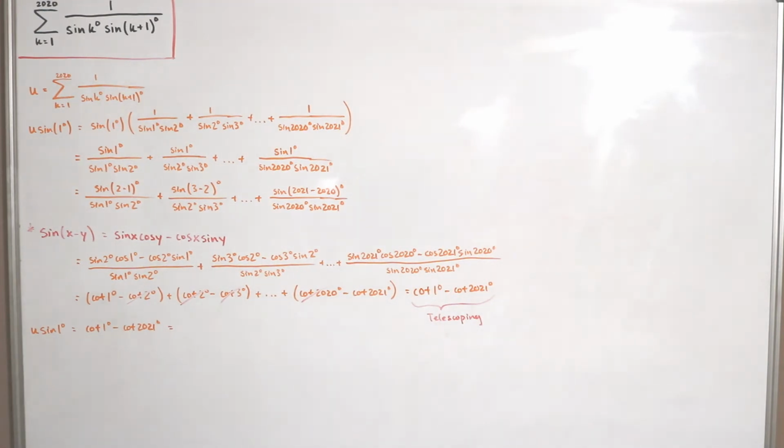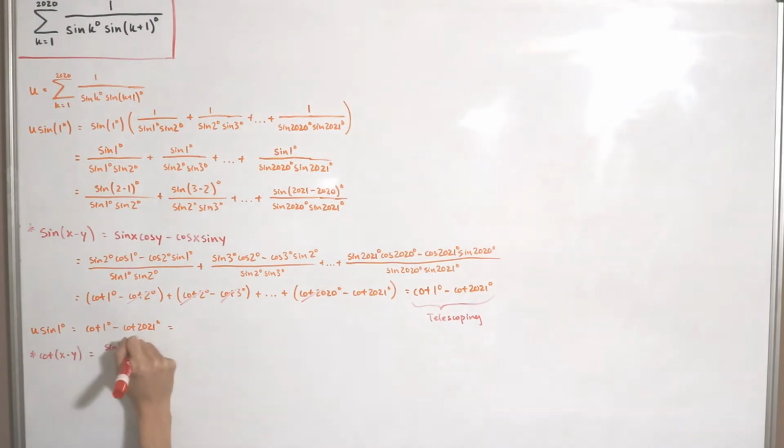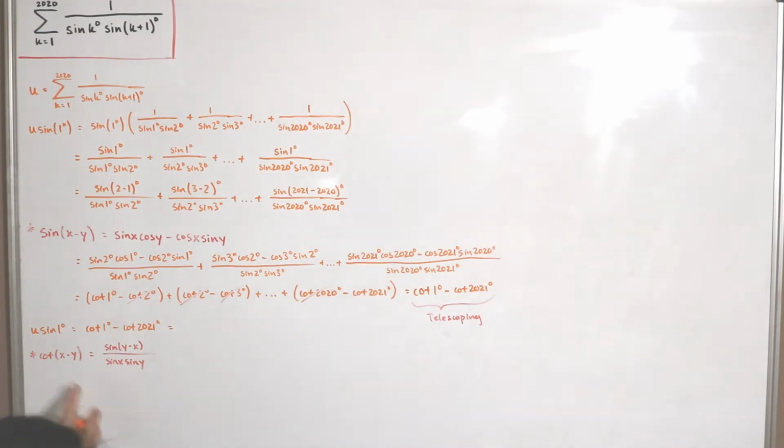Okay, now from here we're actually going to use another trig identity, and that is written as the following. Cotangent of x minus cotangent of y is equal to sine of y minus x, divided by sine of x multiplied by sine of y. And so we'll use this identity to rewrite our cotangent 1 subtract with cotangent of 21 degrees.